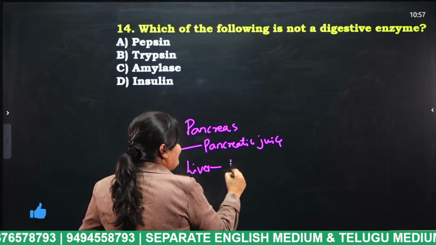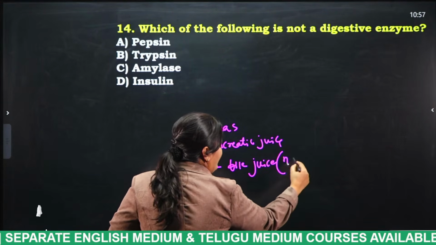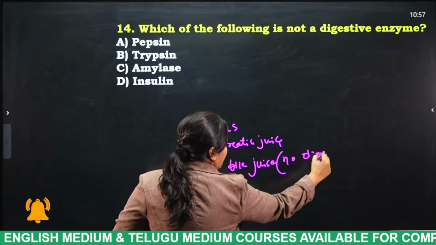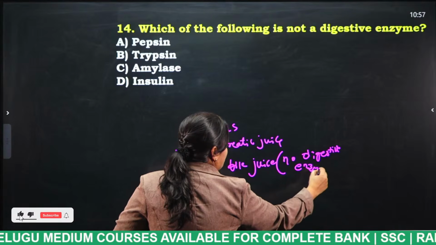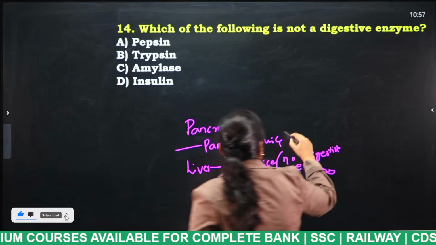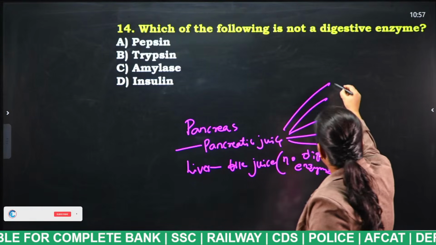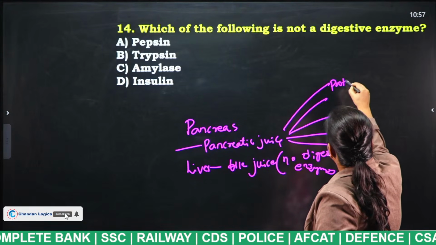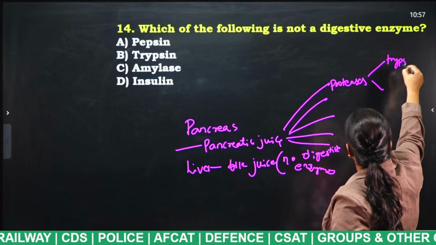The liver releases bile juice, but bile juice does not have digestive enzymes. But pancreatic juice has 3 types of digestive enzymes. So what are those? Proteases. These proteases again include what, students? Trypsin, chymotrypsin.